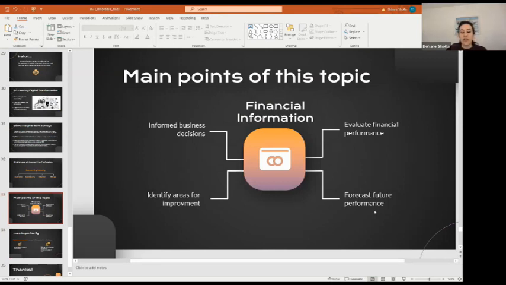We discussed that the financial information is crucial to make informed decisions in the business, to evaluate the financial performance, to forecast future performance, and to identify areas of improvement. These are the main parts that we need to consider in order to have a good financial health of a business.